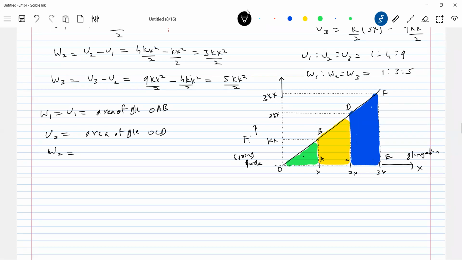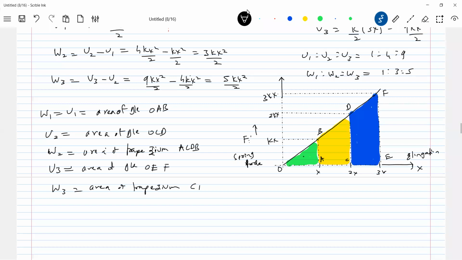W2 should be the area of trapezium ACDB. Then what is U3? Again the area of the bigger triangle OEF. Then W3 is the area of trapezium CEFD.